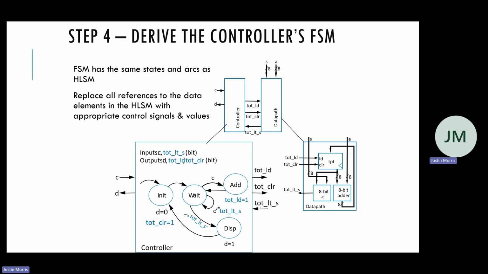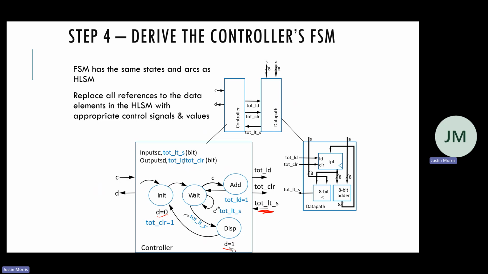We converted the comparison into 1 bit because we got it from the data path, right? So we have these 1-bit inputs, and we also have just 1-bit outputs, right? This causes D to become 0, this causes D to be 1. So it is a simple state machine, so it can be implemented with a finite state machine.